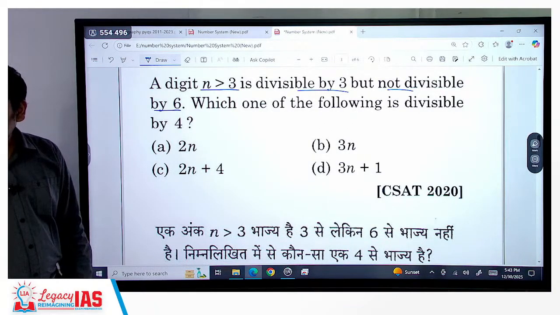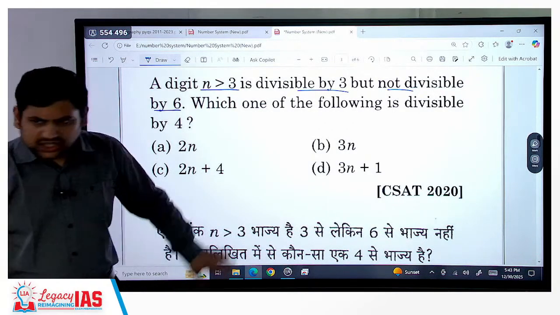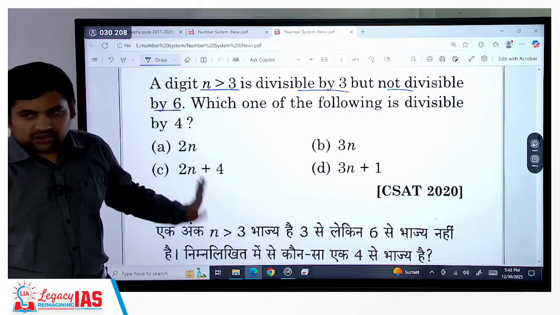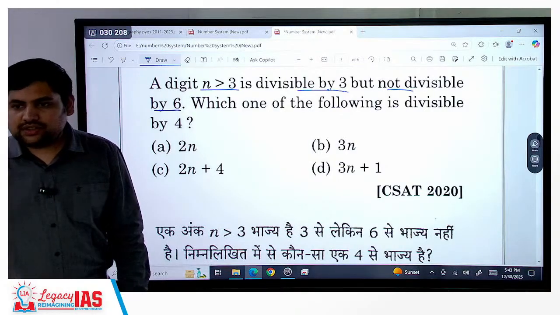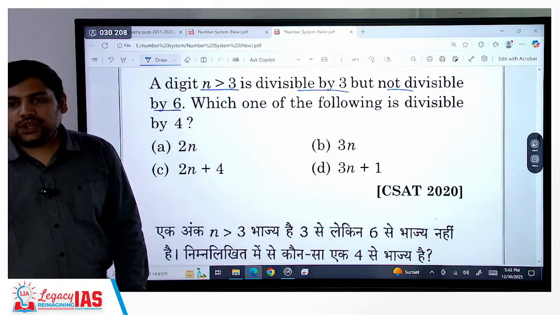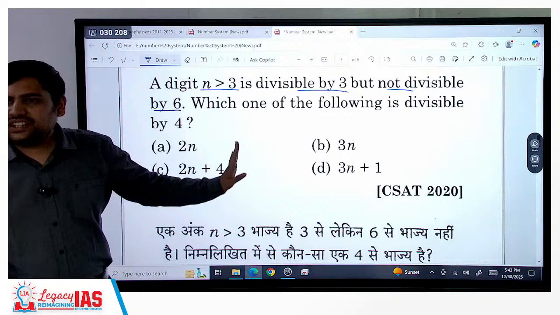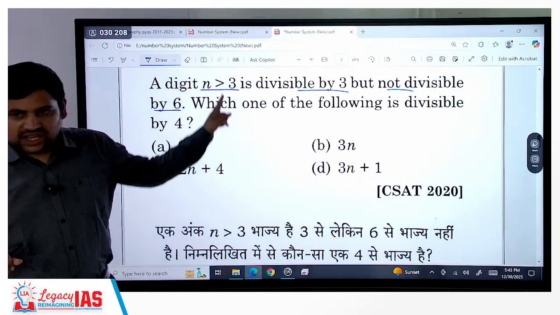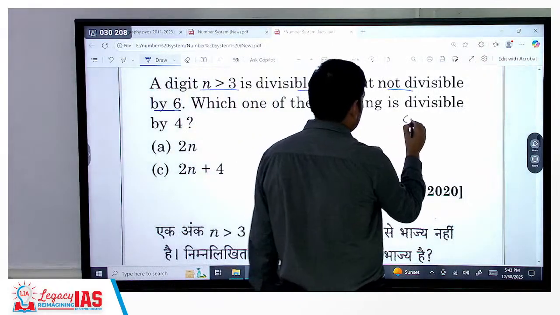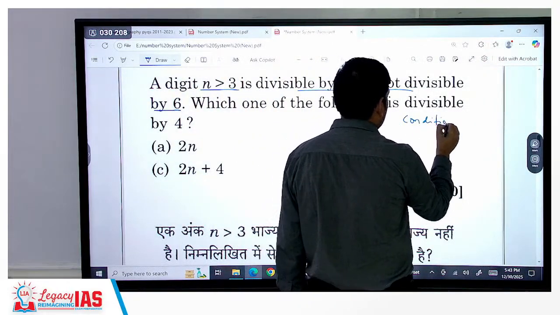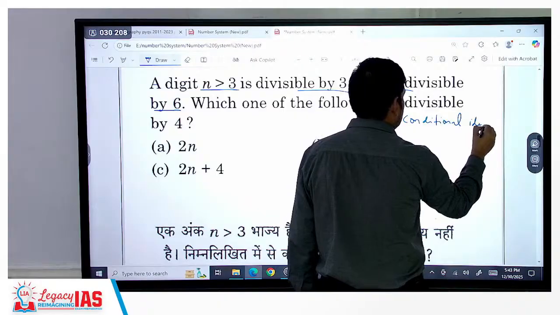Correct? Now, in questions like these, you should not go the general way of taking a general element and then solving. Just immediately try to get to two values or at least one value which you think satisfies these conditions. These are called conditional identities.